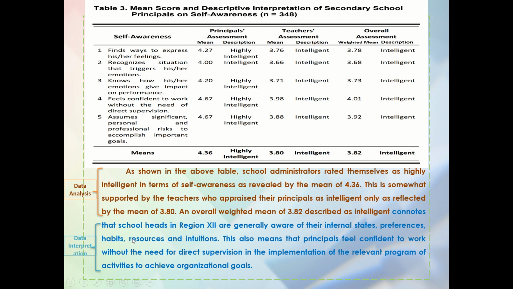So it connotes that school heads in Region 12 are generally aware of their internal states, preferences, habits, resources, and intuitions. This also means that principals feel confident to work without the need for direct supervision in the implementation of the relevant program of activities to achieve organizational goals.